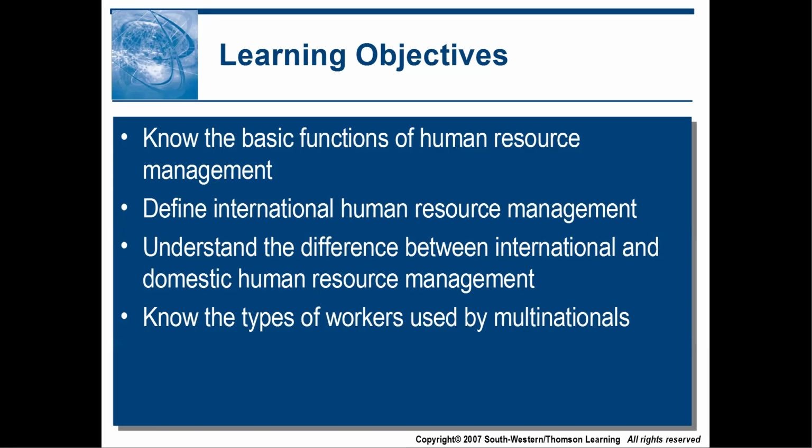Basically we can discuss procurement, allocation, and utilization under the 6 HR activities I just mentioned. What are the 6 HR activities? Human resource planning, staffing, performance management, training and development, compensation, and industrial relations.